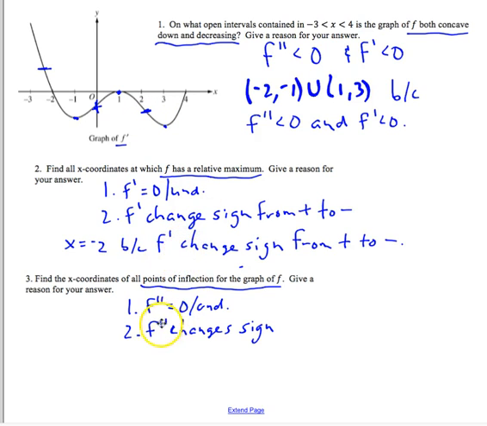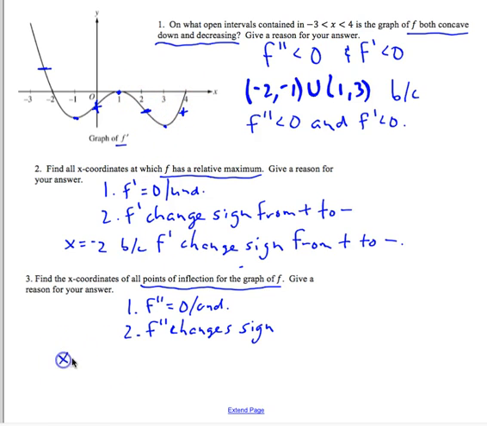So we see that f double prime changes signs when x is negative 1. F double prime goes from a negative value to a positive value. And we also see that f double prime changes signs when x is 1, because f double prime goes from positive to negative. And then we see that f double prime changes signs as well when x is 3, because f double prime went from negative to positive at x equals 3.